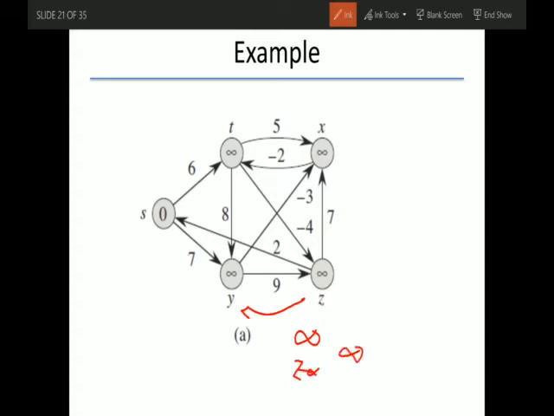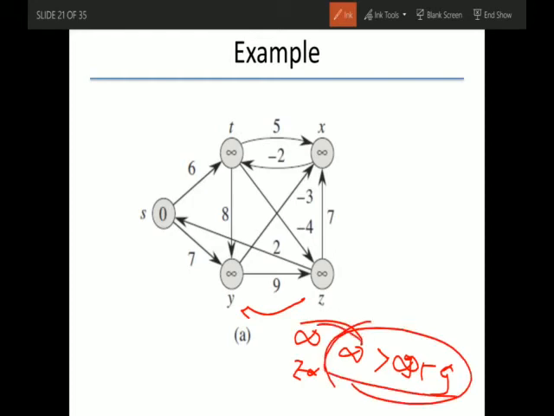So z, that is infinity, would have to be greater than infinity plus 9, and only then will the relaxation update it. So there is no estimate, so this z value will not be updated, and the x value will not be updated.